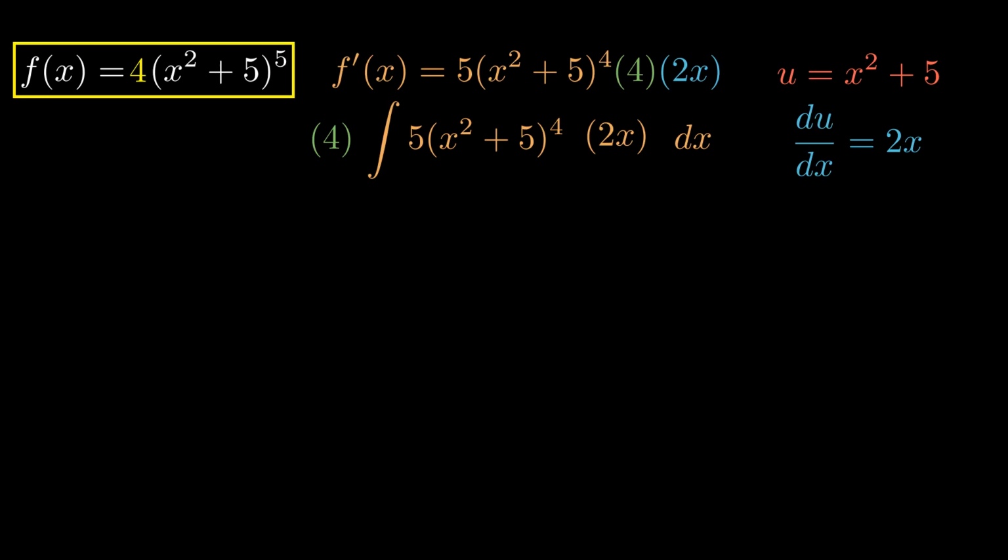I know in practice we usually don't solve these by directly manipulating the extra part to look like the derivative of u. We don't usually work with the integral directly with the x's and use the backwards power rule like I've shown in this video. But this is what's going on when we are substituting for u and du.